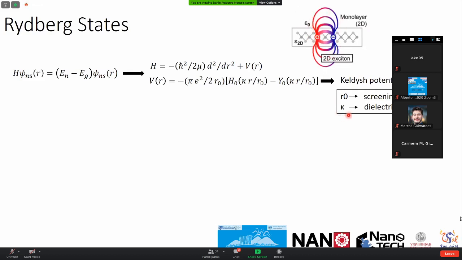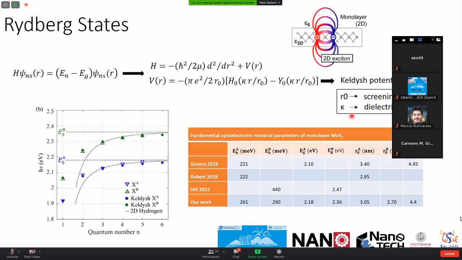So using this screened potential and these parameters, the screening length and the dielectric constant, we are able to perform a very good correlation between the theory and the experiments.